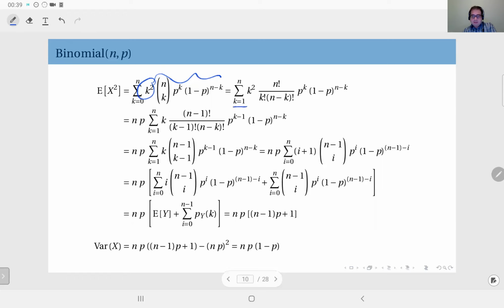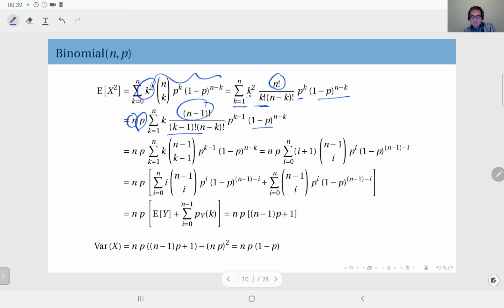I can cancel out one of the k's in k square with the k term here. So that will become k minus 1 factorial. I'm going to pull out this n, and therefore this n factorial will become n minus 1 factorial. And I'm going to pull out 1 p, so this will be p to the power k minus 1, times 1 minus p to the power n minus k.